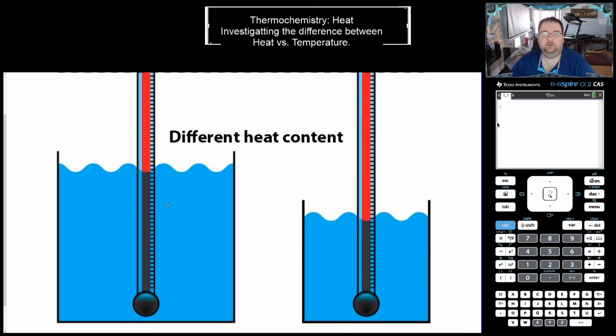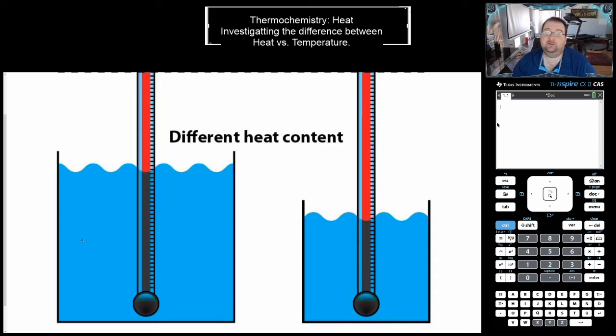Like a stovetop. If you did that, which one would take longer to heat up? Which one would you have to transfer more energy to? The 200 milliliters of water. There's more water, so it will require more energy to heat up to 21 degrees Celsius.